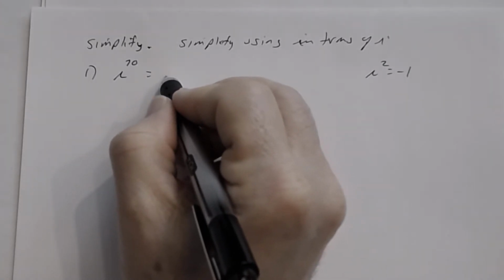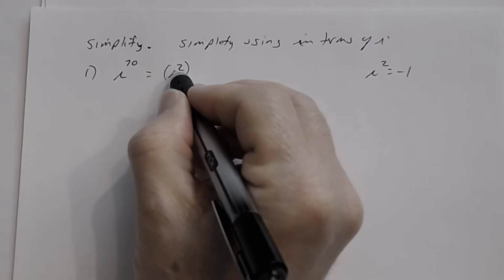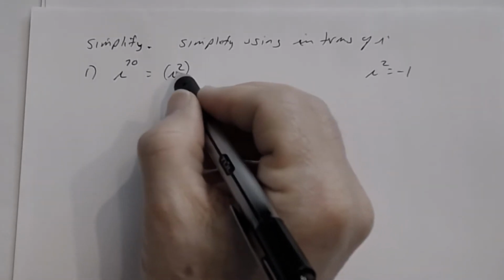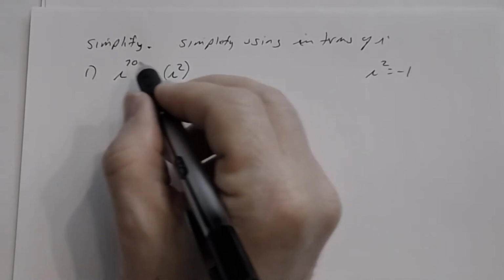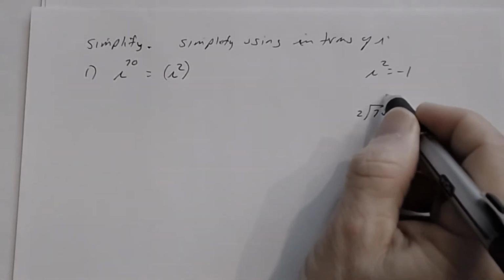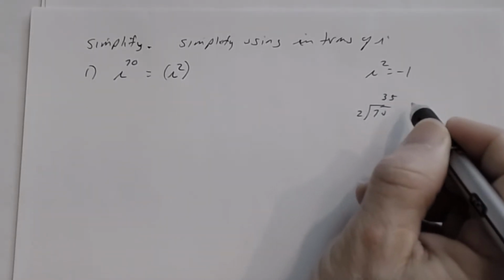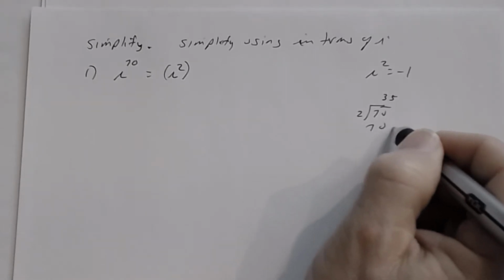So you can ask yourself, using a power to a power, one of those properties you learned from a previous course, 2 divided into 70 is 35 times, with a remainder of 0.